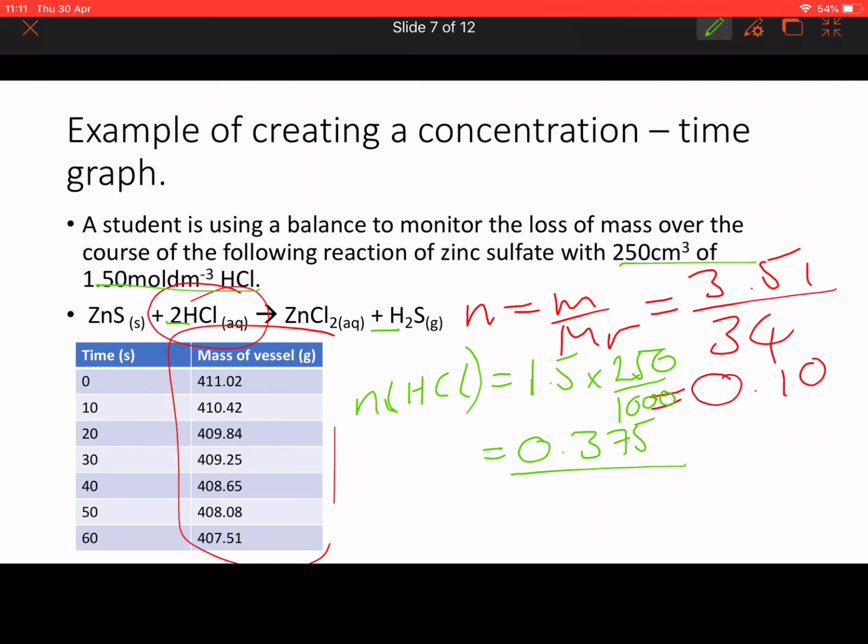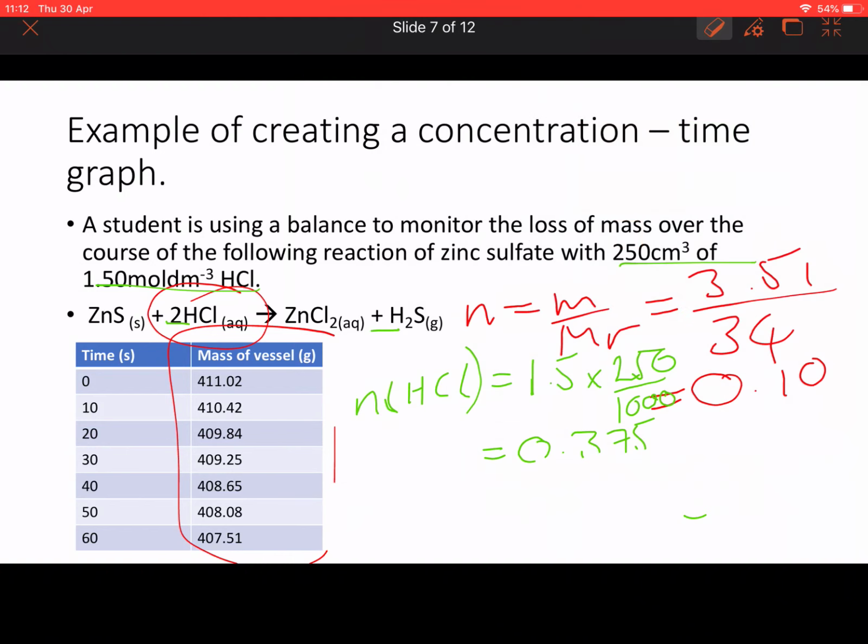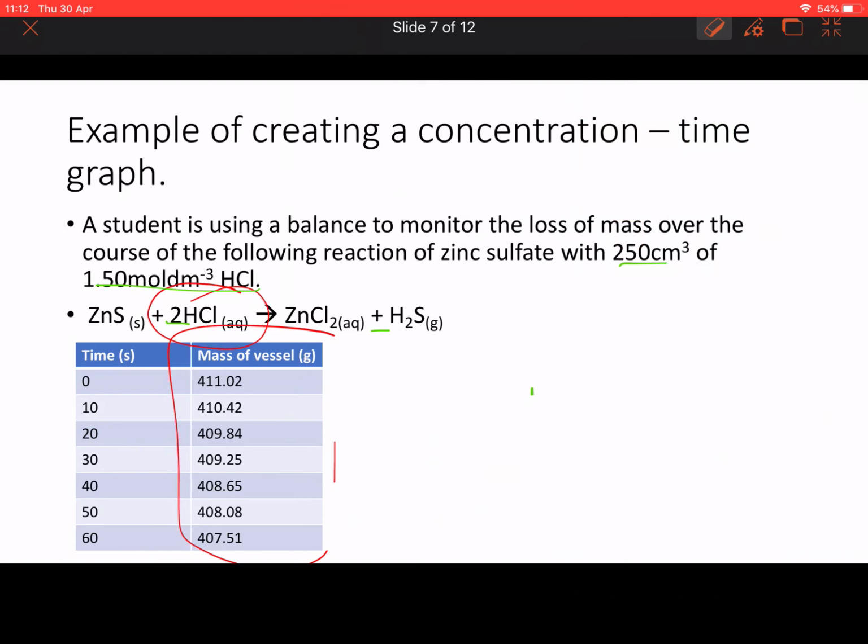So, for example, at the start, we would have 0.375 take away 0, so we'd have 0.375. Yeah? Obviously, as the reaction progresses, we're going to get less and less and less. Okay, let's get rid of all of these bits, just because I've run out of space.